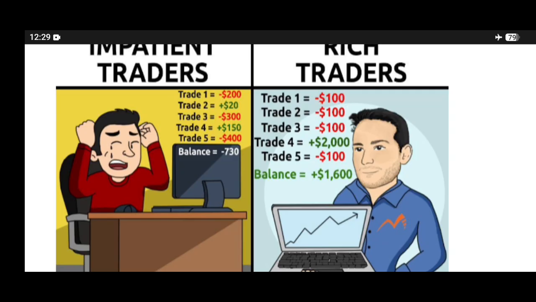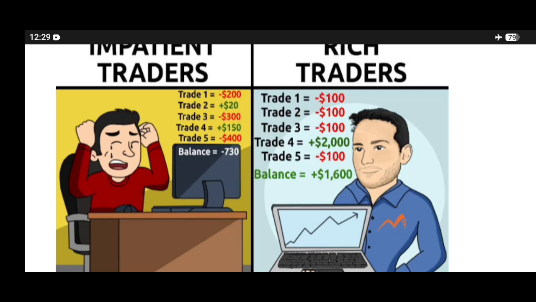He trades randomly. That is why risk management and patience are very, very important. At the end, the rich trader, which is the patient one, makes money, and the impatient one loses money.